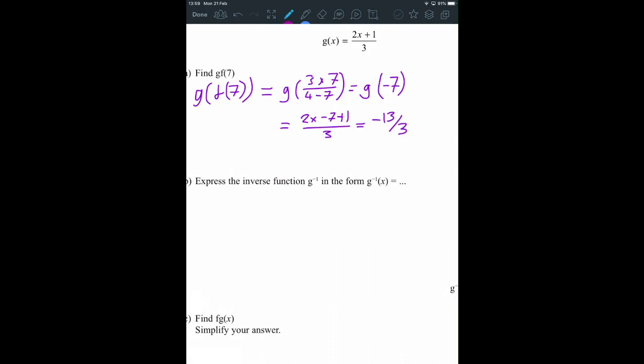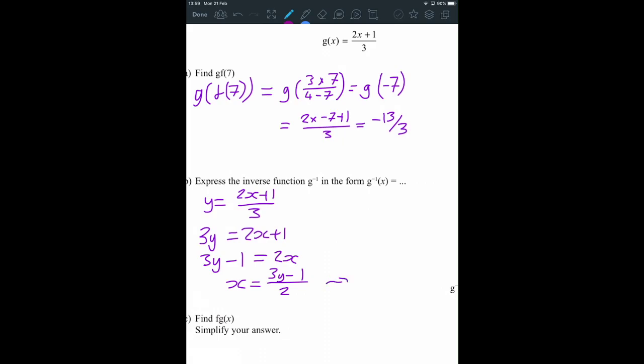Inverse function. Inverse function, we set the thing equal to y, rearrange to get x as subject. A lot of people prefer to swap x and y early. It doesn't make a difference when you do the swap, as long as the swap happens.